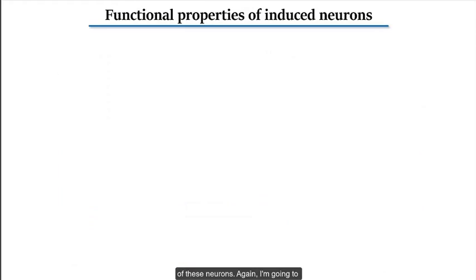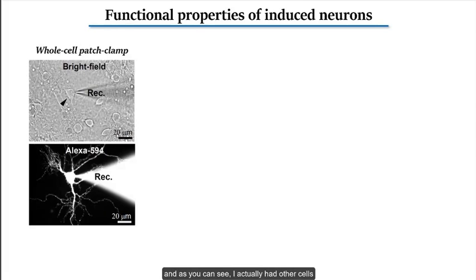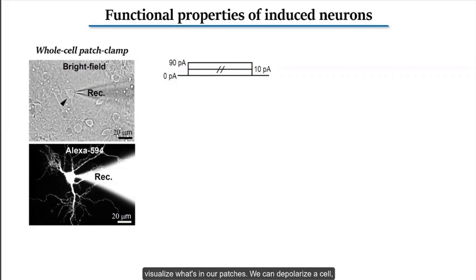So what about the functional properties of these neurons? For that, again, I'm going to show you how to do this process. Basically, we make patch recordings from a single cell, and as you can see, I have other cells around it, but I'm patching this particular cell, and the patch pipette has an Alexa dye, a fluorophore, that can load the cell with the dye, so you can visualize what cell I'm patching.